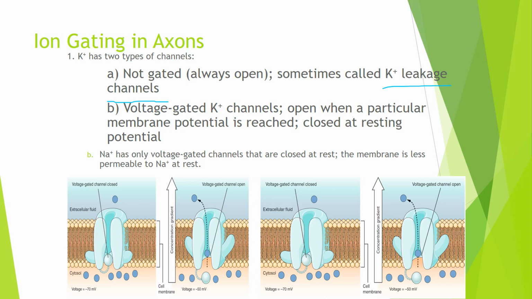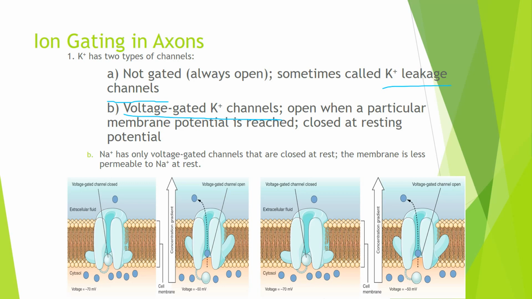The second type of channel for potassium are voltage-gated potassium channels. So when we hit a certain membrane potential or certain voltage, this will either close or open that gate, and that will either allow or prevent potassium from coming in or out.